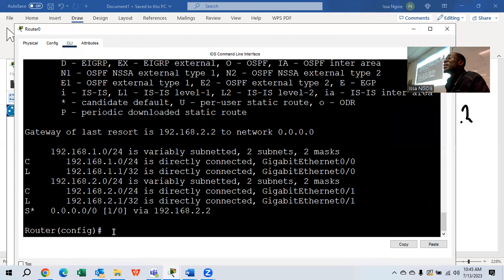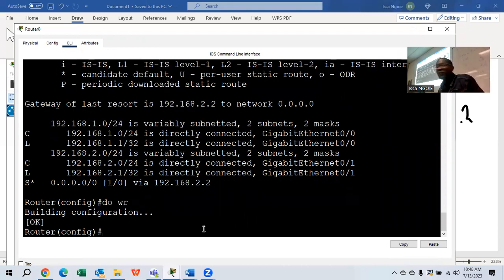That number, we call it administrative distance, but we're gonna see it later on. Don't mind about it. Now, there is a static route, and my next hop IP is this one, right? We can say 4 zeros, 4 zeros, because the IP address has 4 parts, 4 zeros, and the subnet mask is 4 zeros.